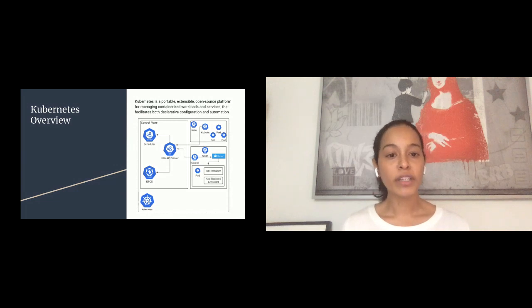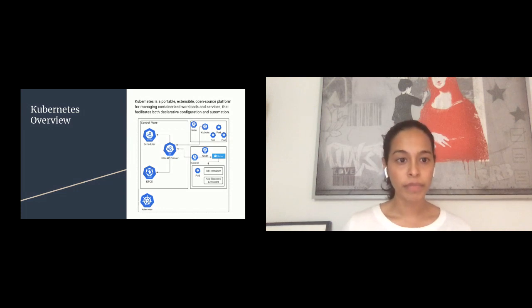We have the Kubernetes API server in the center. Then we have the scheduler. We will go into the detail of how the scheduler works because it's relevant further down. And then we have etcd, which is a data store. Kubernetes is a massive distributed system, which means we need to store state somewhere. And that's etcd. The etcd is just a data store.